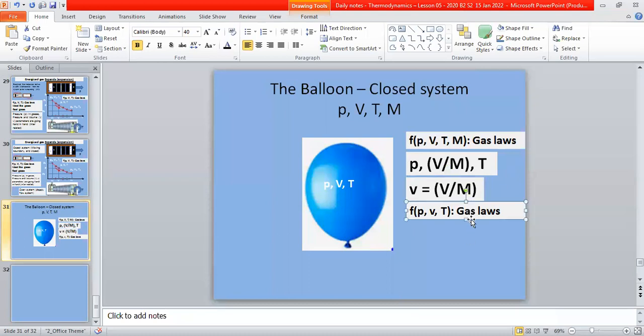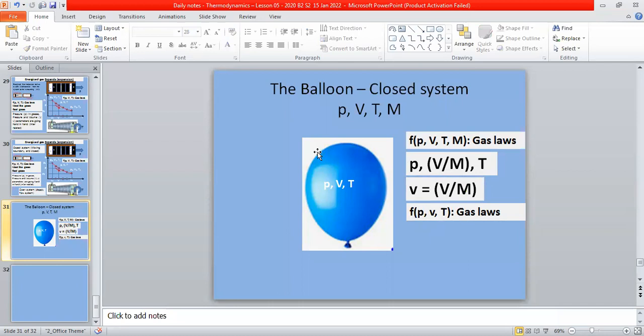But the gas laws are there so that if you know only two parameters, you can understand the others. Talking about the gas laws is not today's topic, so we will discuss that later.